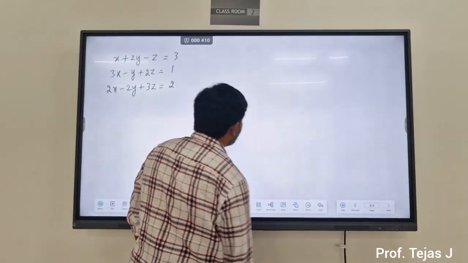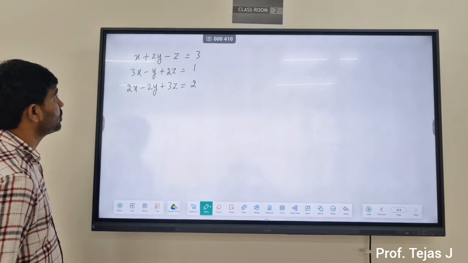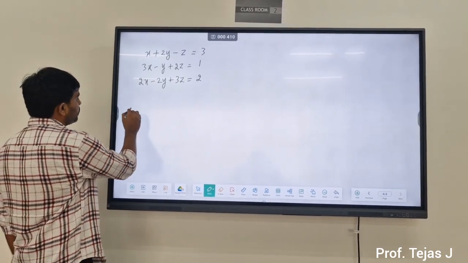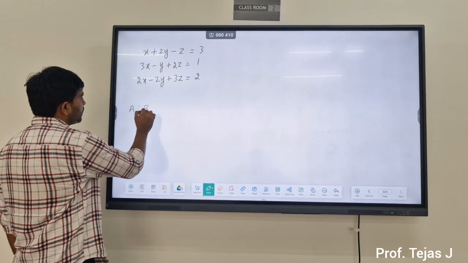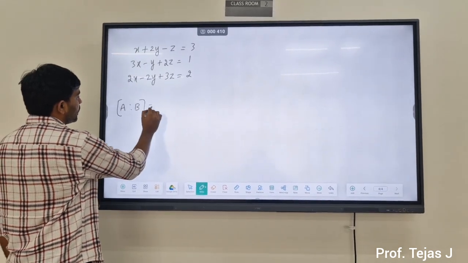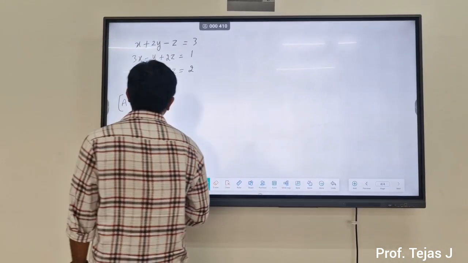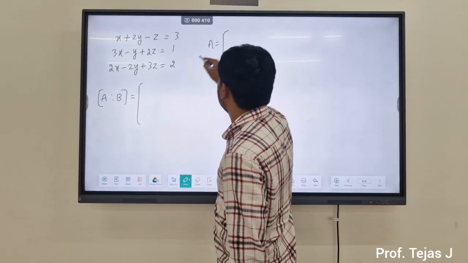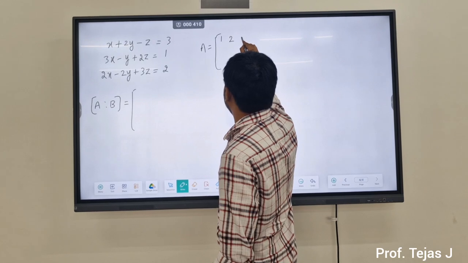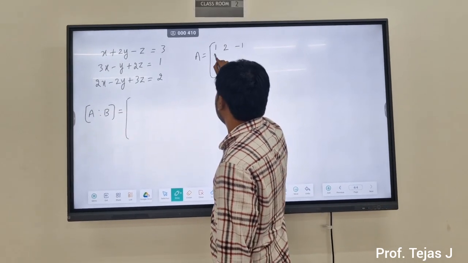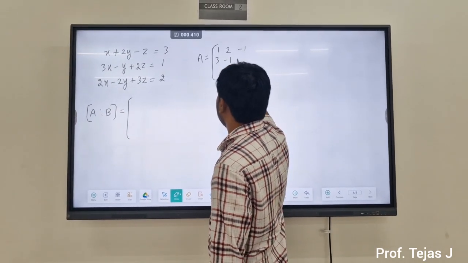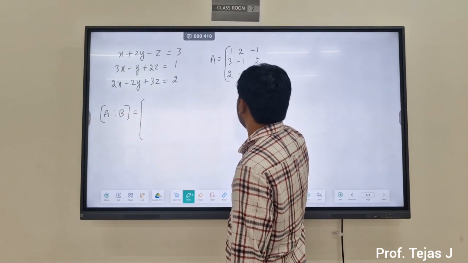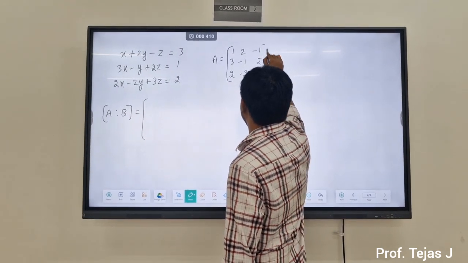So let's take another problem based on the same concept of the Gauss elimination method. Now let's write the first step with an augmented matrix. We all know how to take the matrix A. Write the coefficients for x, y, z from equation 1, from equation 2 it is 3, minus 1, 2, and from equation 3 it is 2, minus 2 and 3.